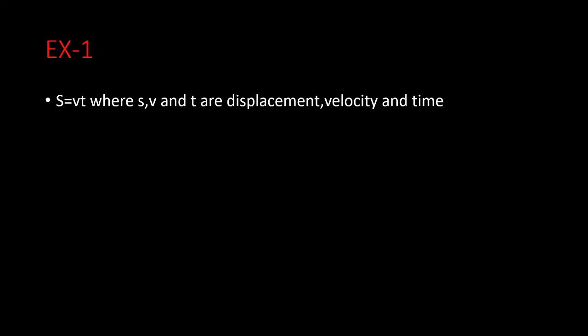So we have to find out whether this equation is correct or wrong. At first I will take the left hand side. What is the left hand side? It is s.